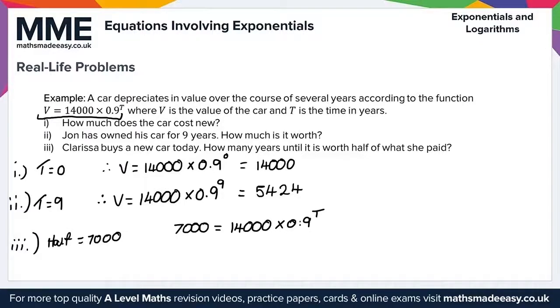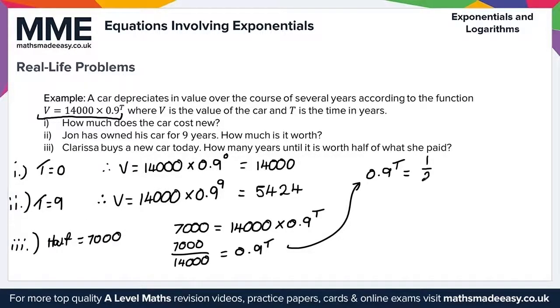So remember, we're just looking for 0.9 to the power of t and then to just find t. So in that case, we get 7,000 over 14,000 is equal to 0.9 to the power of t here. And clearly 7,000 over 14,000 is just a half. So therefore, what we can say here is 0.9 to the power of t is equal to a half.